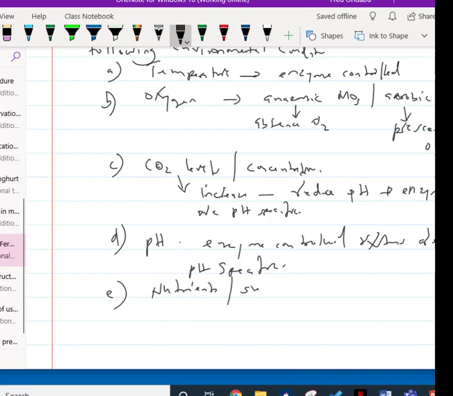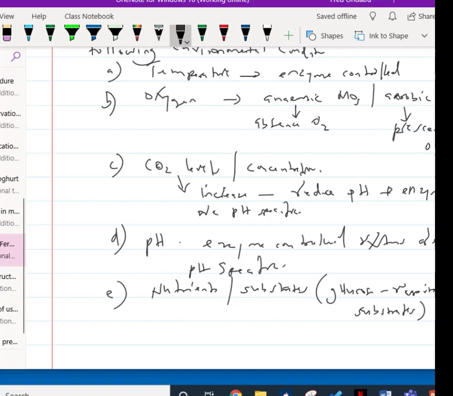Remember, nutrients are in this case substrates, for example glucose. This is a respiratory substrate for most organisms, including these microorganisms, which break glucose down to produce, for example, ethanol if you are making beer, and carbon dioxide.